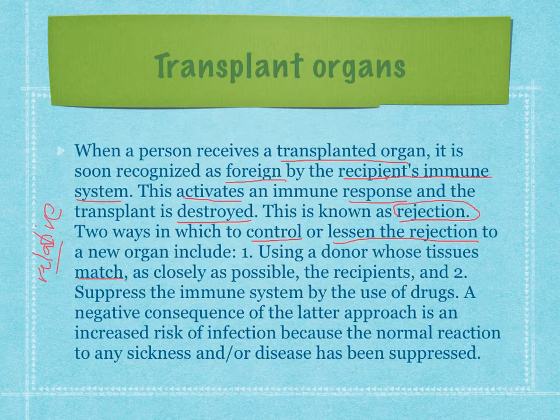The other way is to suppress the immune system by using drugs. A negative consequence of the latter approach is an increased risk of infection, because the normal reaction to any sickness and or disease has been suppressed.